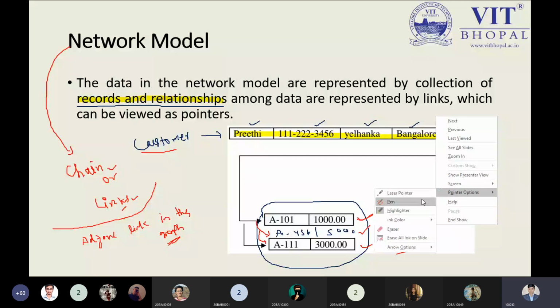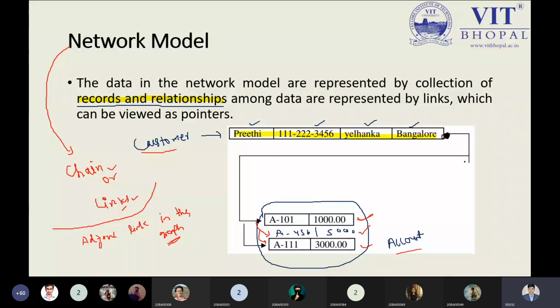This record will be connected by the account number relation, to the account table, and will map to this record only, A111 3000, because that is associated with that part only. So the customer and account number can make the relationship by the network model. That is the point you have to understand. Diagrammatically it will be represented like this.